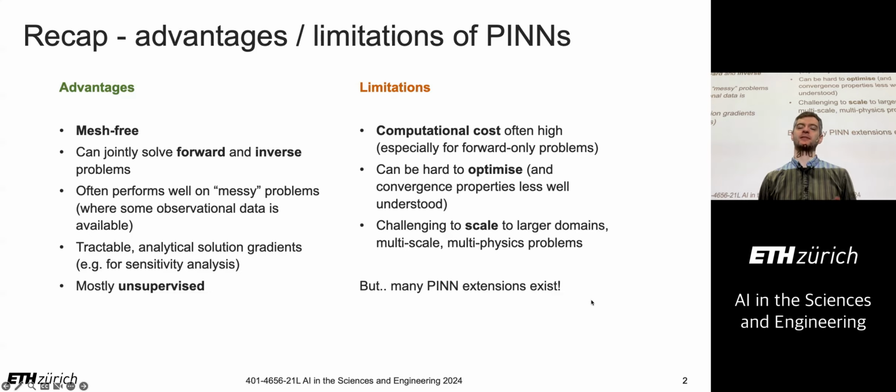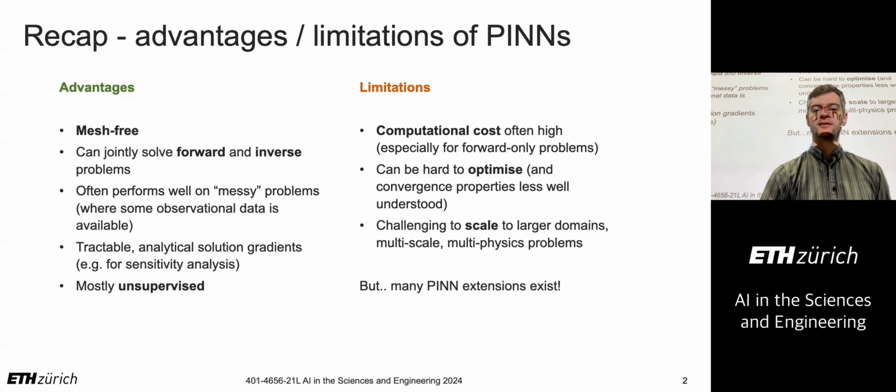The big three limitations that we typically see is that PINNs are often computationally expensive to train, especially when you only want to solve the forward simulation task with PINNs. They can also be very hard to optimize. It's not obvious or trivial whether the gradient descent or whatever optimization algorithm you're using will converge to the global minima of the loss function.